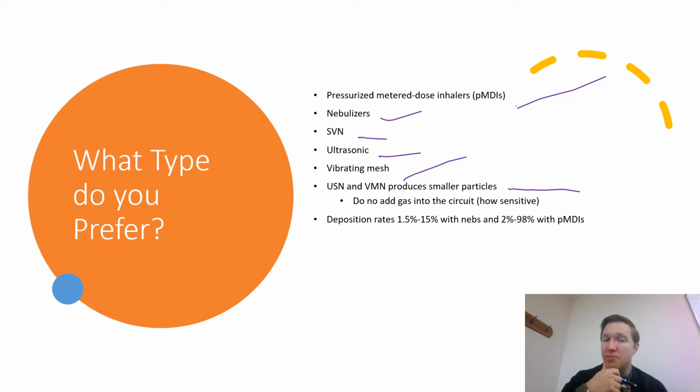So you're going to get more deposition of that medication to smaller airways. So that should help for those airways that are very distal, that could be impacted by the bronchospasm, that could be impacted by whatever we're nebulizing it for.